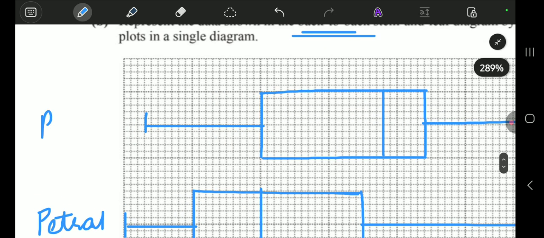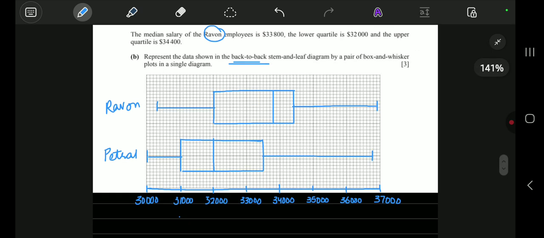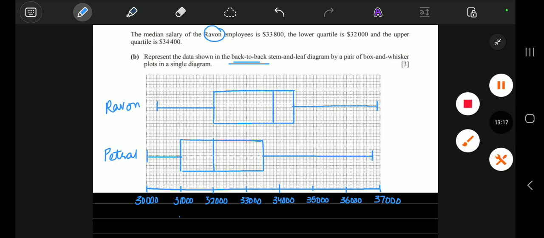So this is how you are going to represent this for Revon.